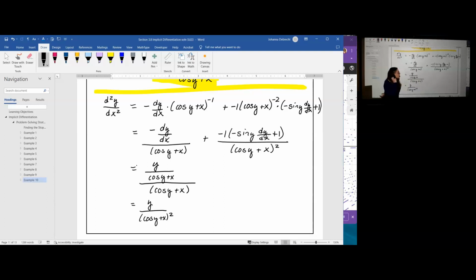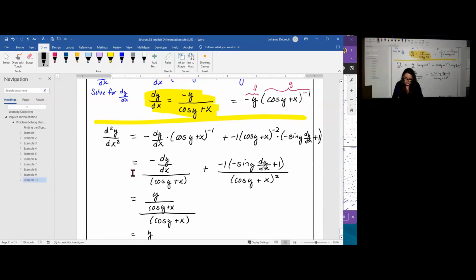For the second part, I could distribute the negative, which would reverse the signs inside parentheses. That probably would be a relatively good use of some algebra, except that when I look at the formula for dy/dx, I see that it has a negative attached. And I know it's going to be multiplied by the term that has the negative. So I'm going to leave the negative 1 by moving it between the two fractions.